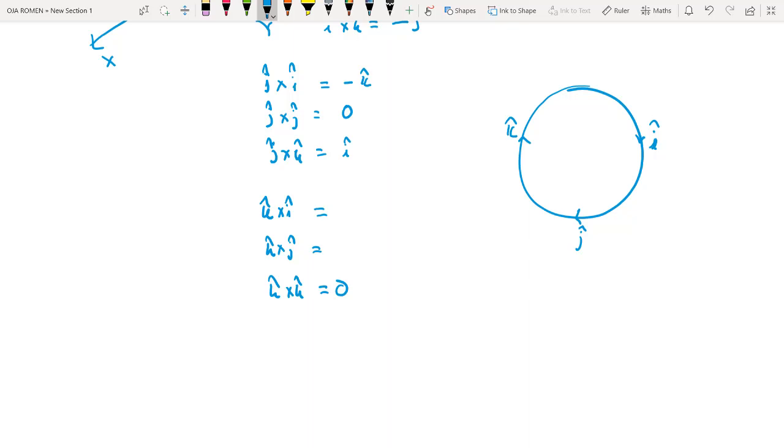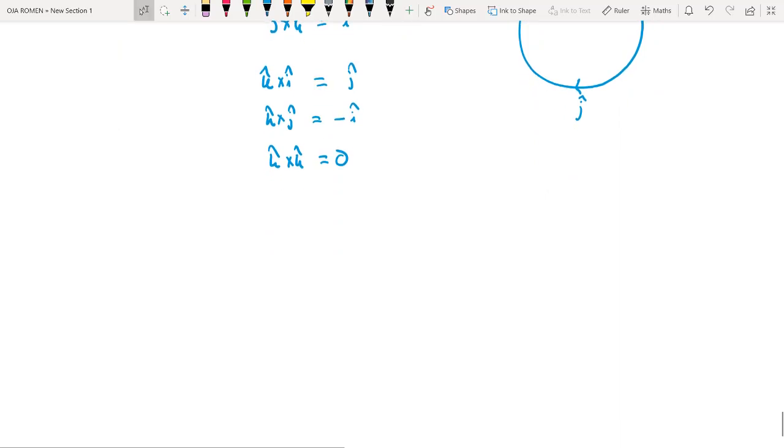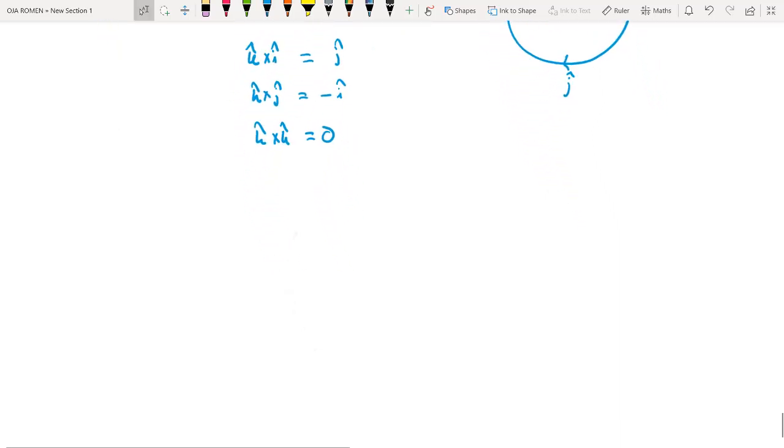So K cross I is J, K cross J is minus I. So this is known as cross product between unit vectors.